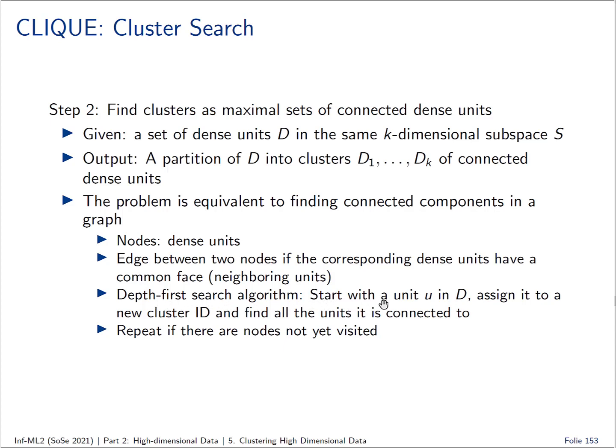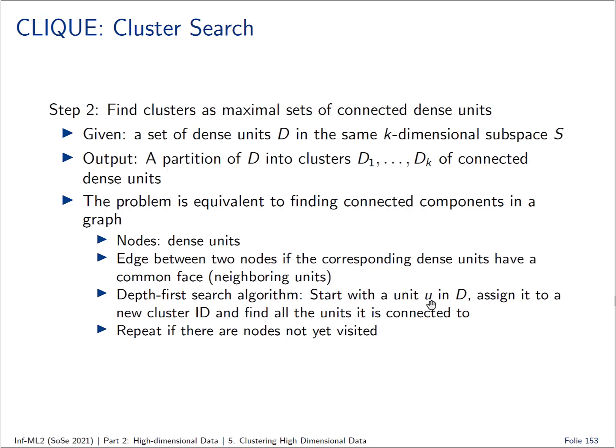So we start with the unit U in D, assign it to a new cluster ID, and find all the units that are connected to this unit U. Depth first, yeah. So we just put all units that have an edge to the initial unit U into a queue, and then just work out the queue.